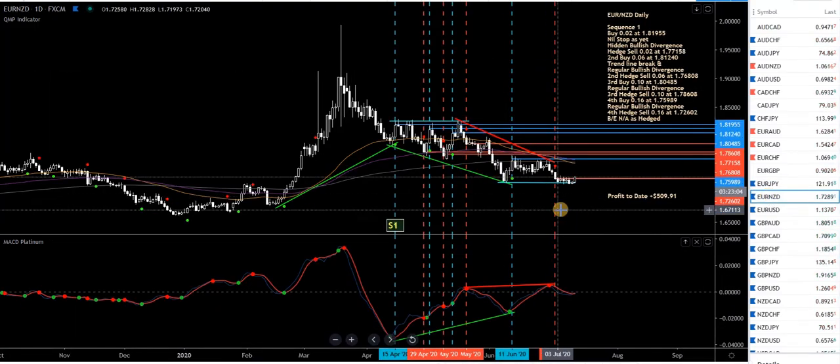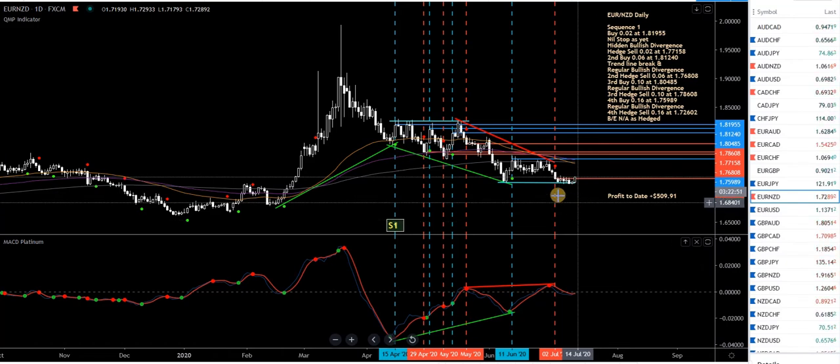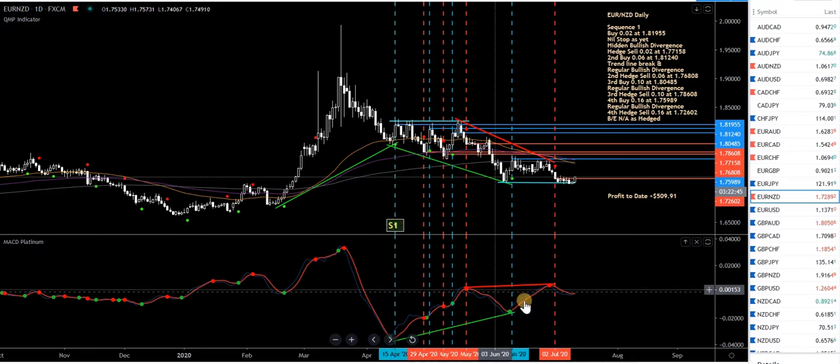Euro New Zealand, see, there's another one popping up. I'm going to have to come up with a plan on that too. I just saw the QMP, so that's another one from my notes. Thought I had all this covered, but obviously things change. Nice support level here, the blue trend line. Only in the one sequence.